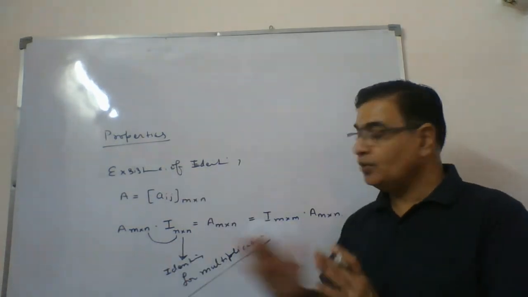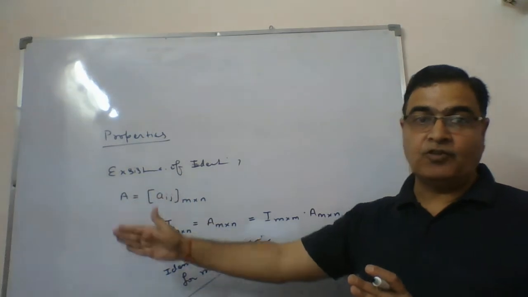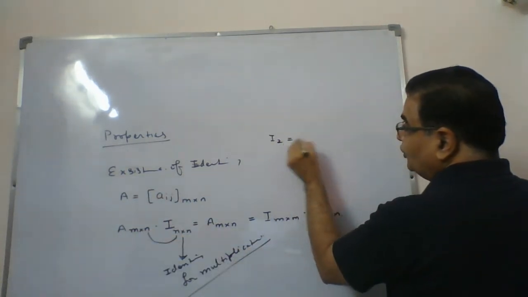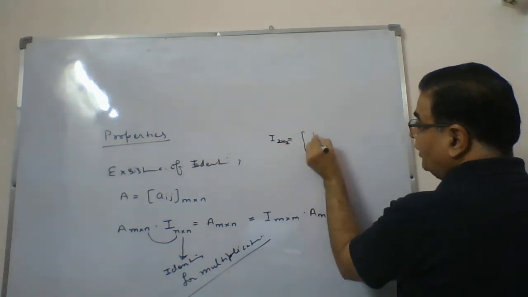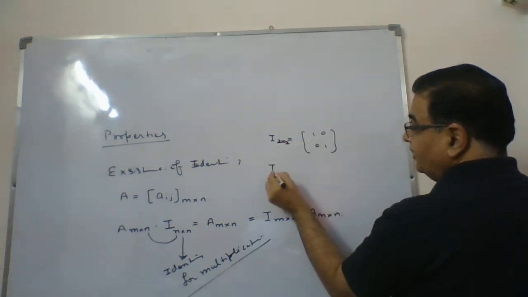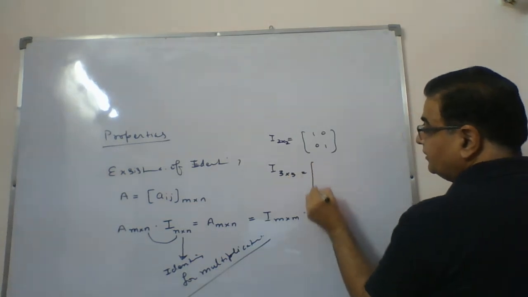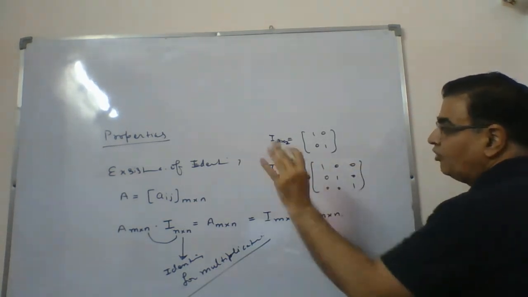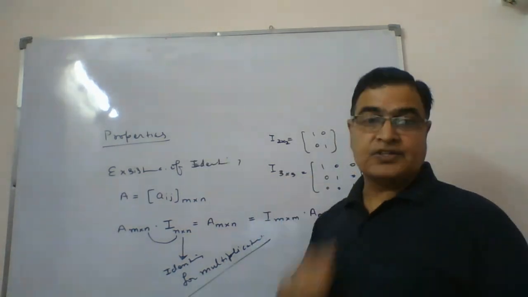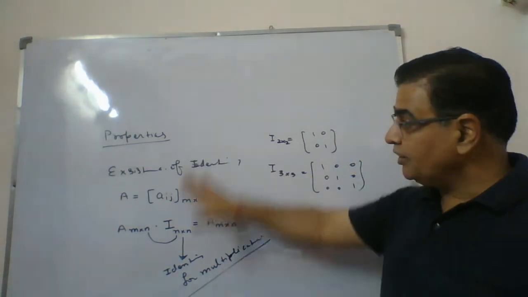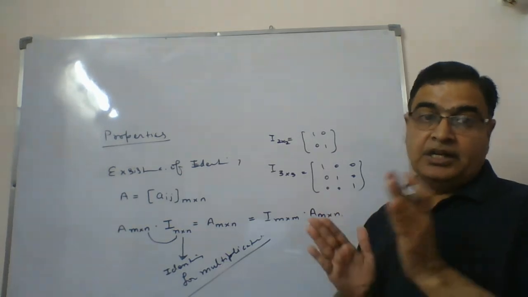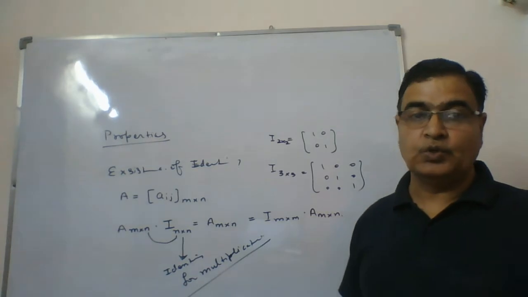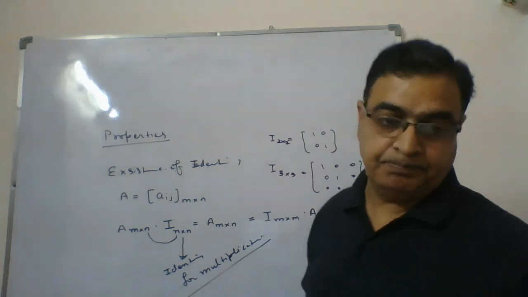I2 means 2 by 2, which is 1 0 0 1. If it is I3, 3 by 3, then it will be 1 0 0, 0 1 0, 0 0 1. This you have already done. So keep in mind, in multiplication, if you multiply the identity I with a matrix, the matrix does not change; it will remain the same.